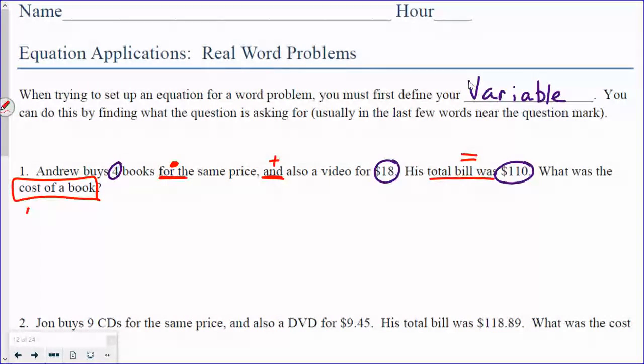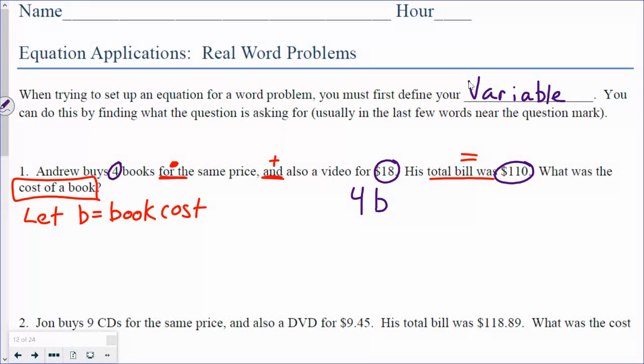Remember, you must have your let statement. So we need to define our variable, but we're trying to find the cost of a book. So we could say let B be the book cost. And then we have to write our equation out. Andrew buys 4 books for the same price.